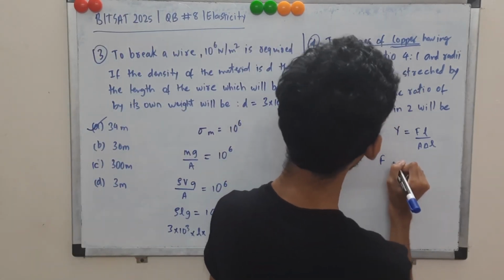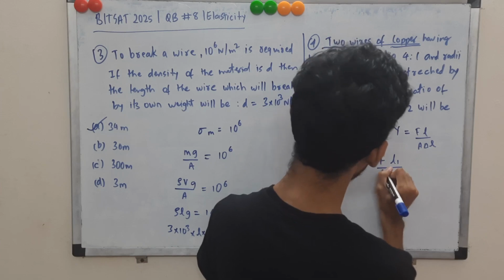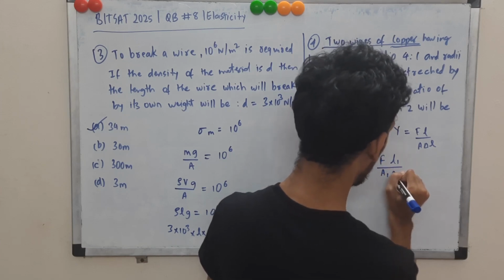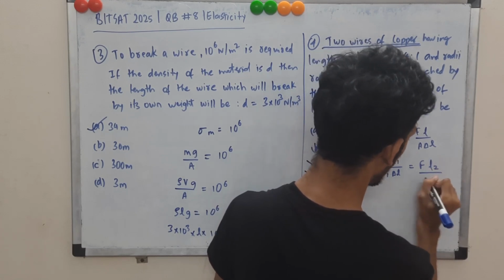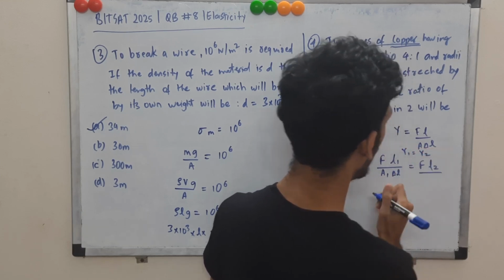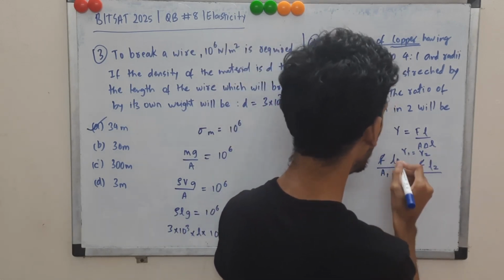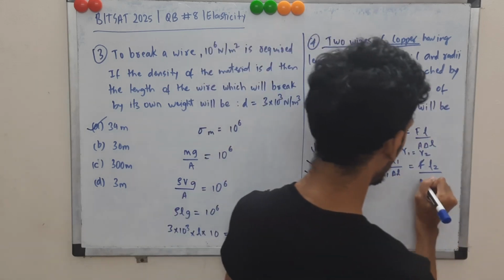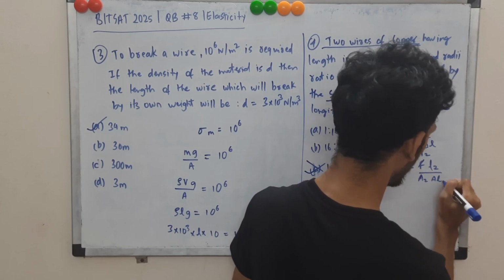So I'm writing Y1 is equal to Y2. I know the force is the same, so I'm not writing F1 and F2. This can cancel. Lengths are different, area is different, and delta L also will be different.